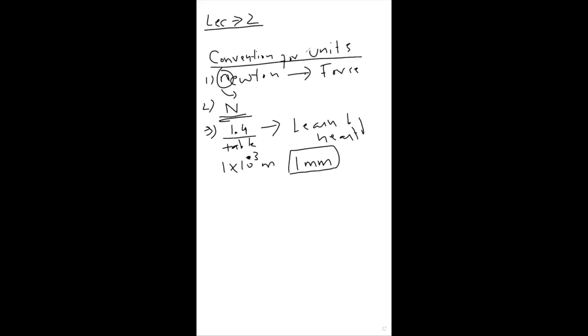The fourth rule is when you are combining two units. For example, you are combining newton and meter, then you write it as newton meter, with one space.